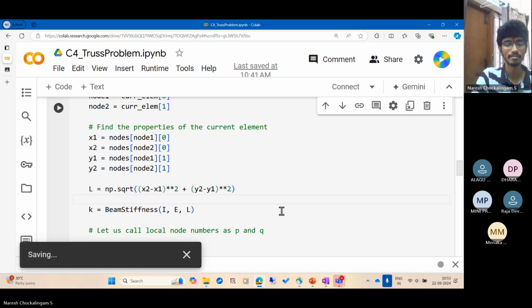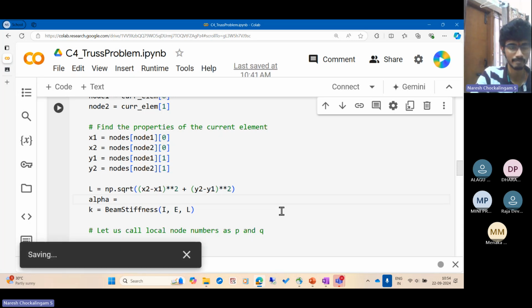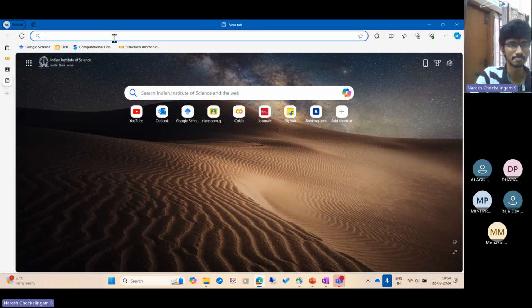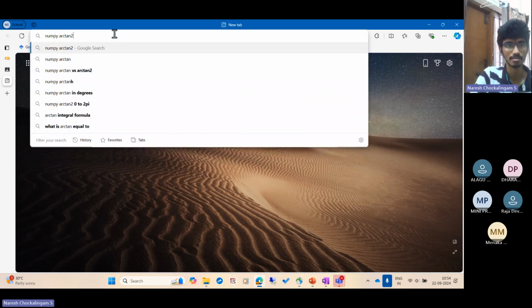Then what should we do? We need alpha. For finding alpha, let me check. I think there is a function, arctan2. Yes, I think this helps.